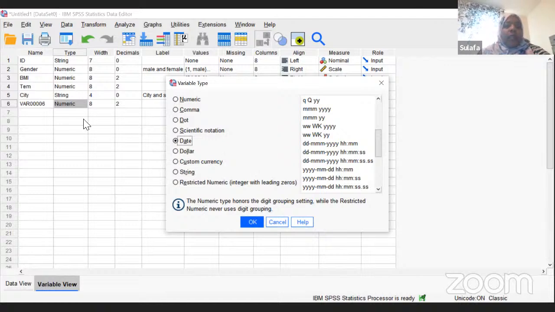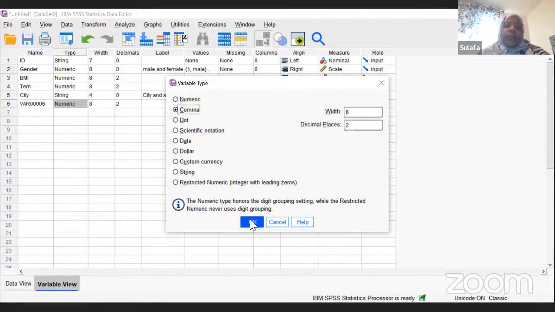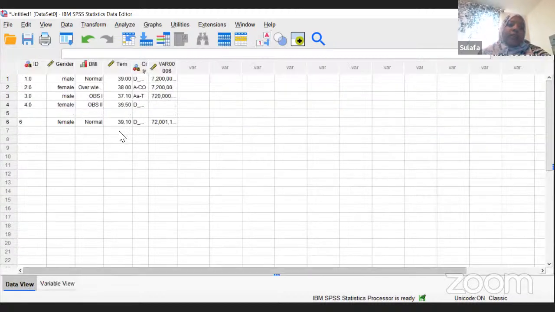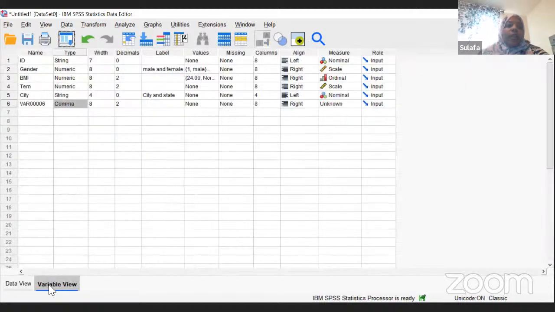So here I can use a comma, for example, to show my number. It's actually just a phone number, but it appears here with commas, and we can change this to phone number.